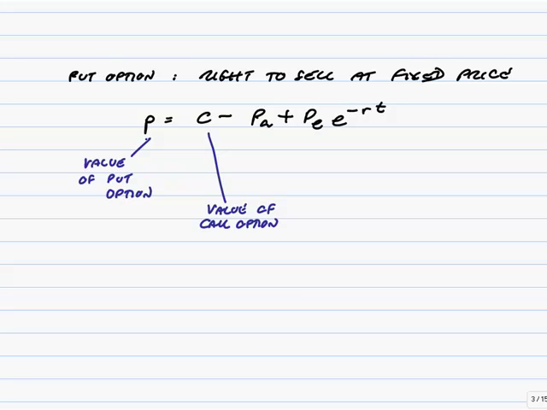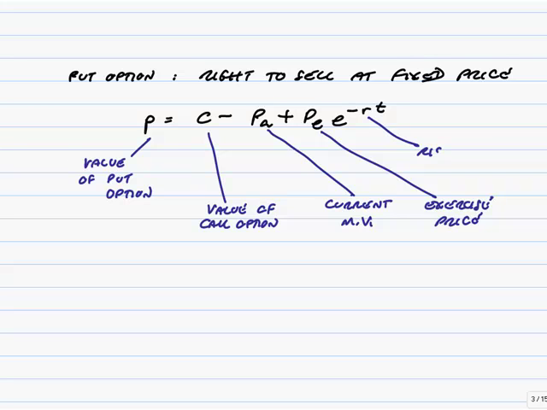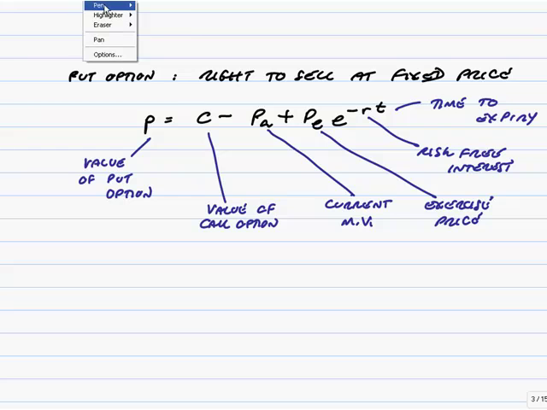The other symbols we've already had, of course. PA is the current market value of the share. PE is the exercise price. R is the risk-free interest rate. And T, finally, is the time to expiry. So this last step should be reasonably quick. Let's check.